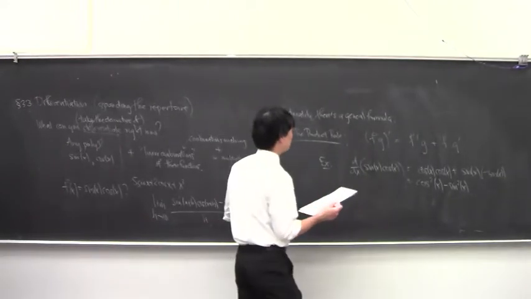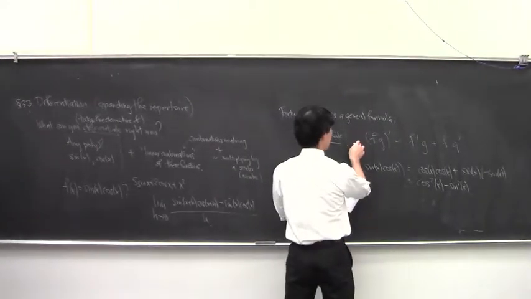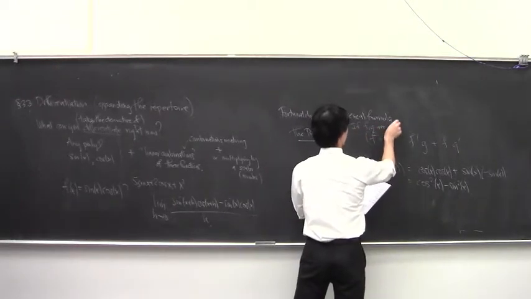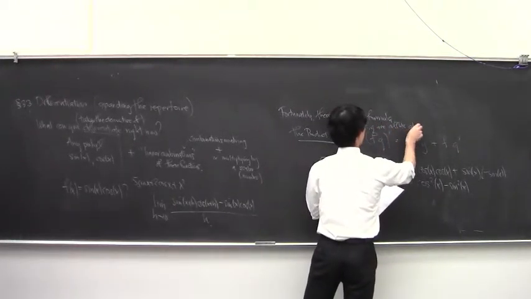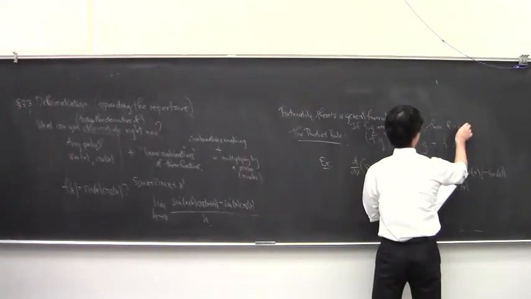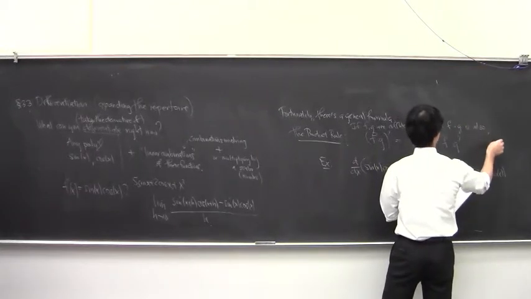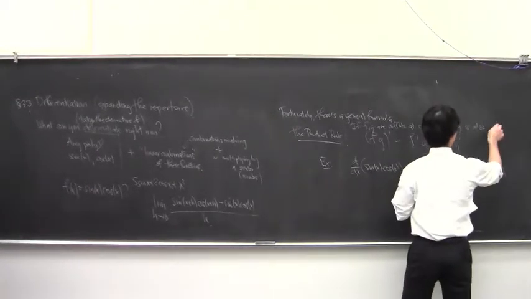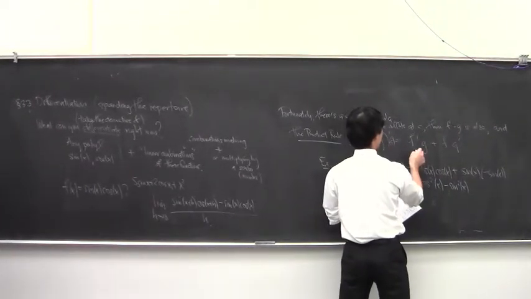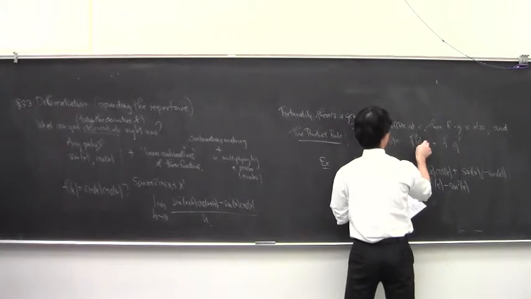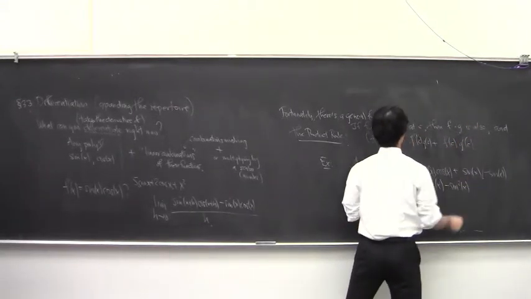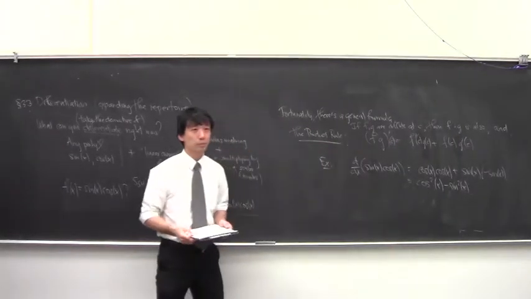To write it more formally, if f and g are differentiable at c, then f times g is also differentiable at c, and the derivative of the product at c will be the product rule formula.